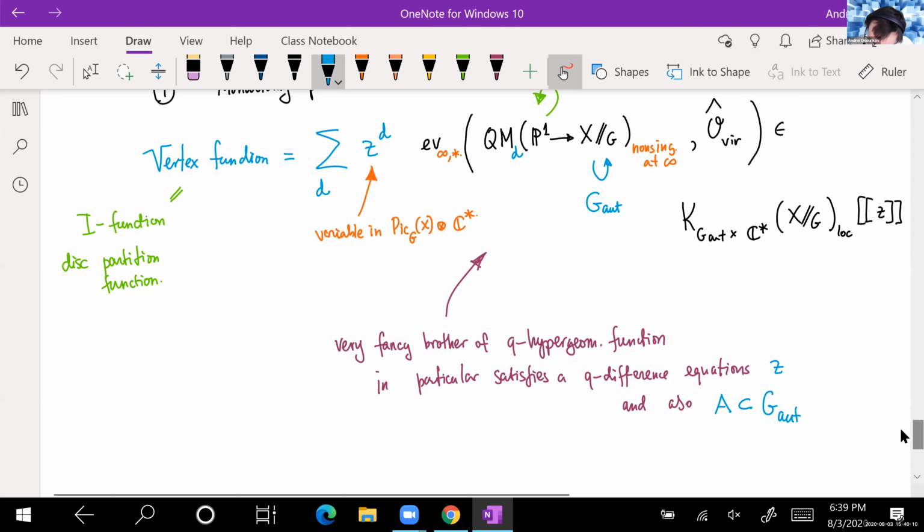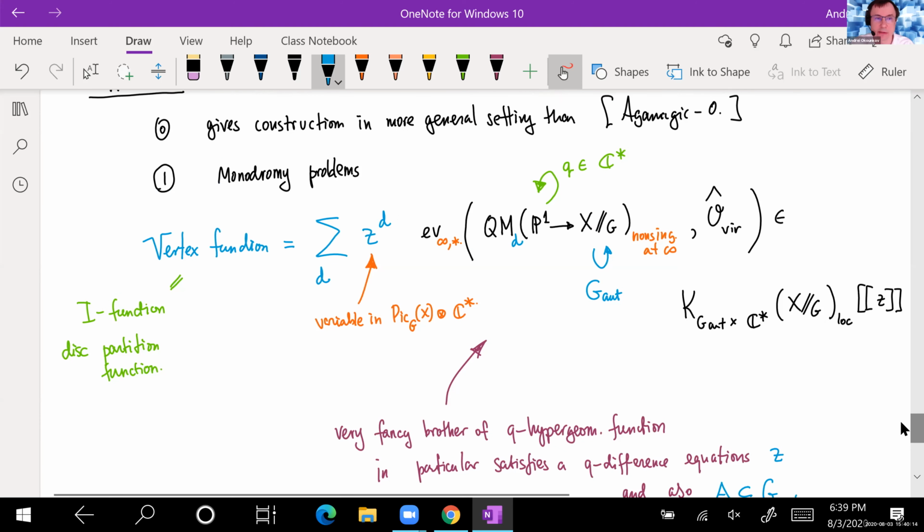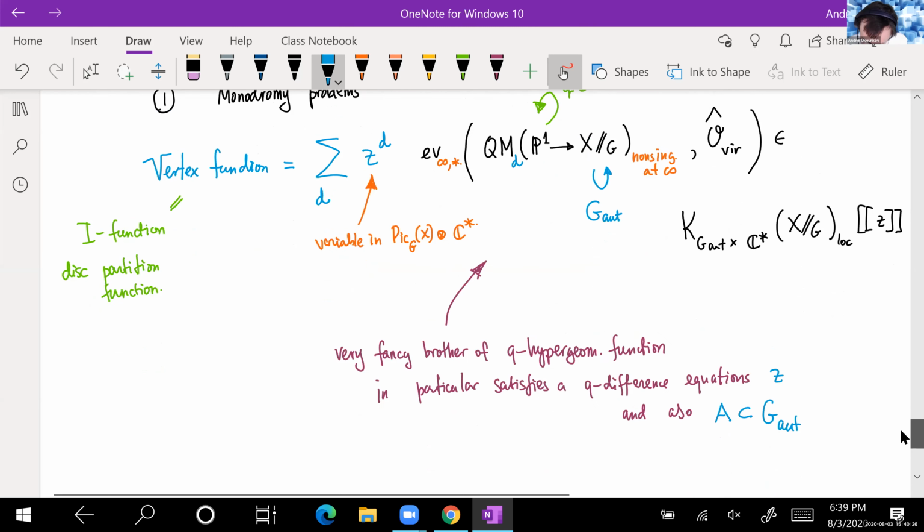Something like that. Of course, if you write it out, this looks pretty scary. For the Hilbert scheme, that's going to look like this one-leg PT partition function. So this is some complicated object, but it does solve a Q-difference equation.